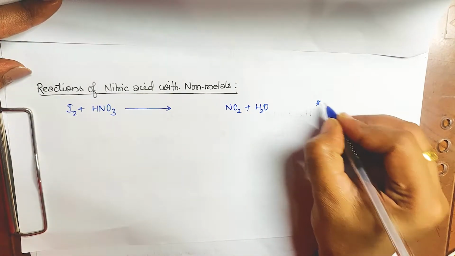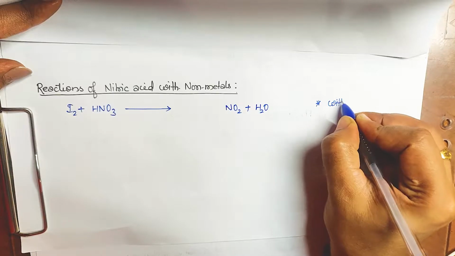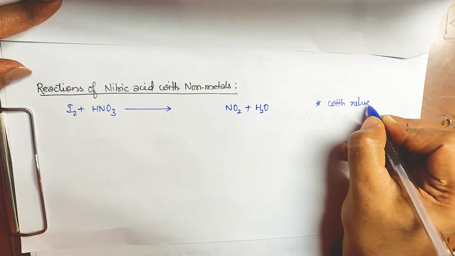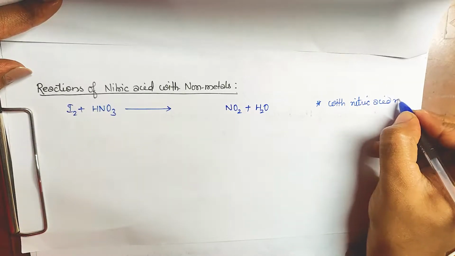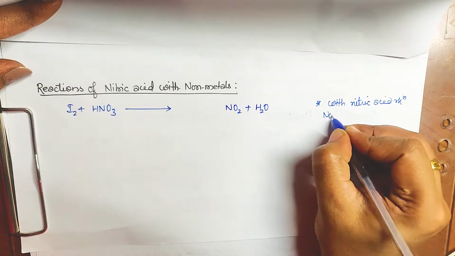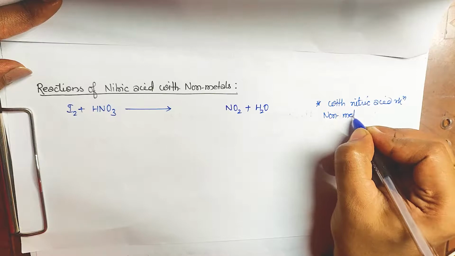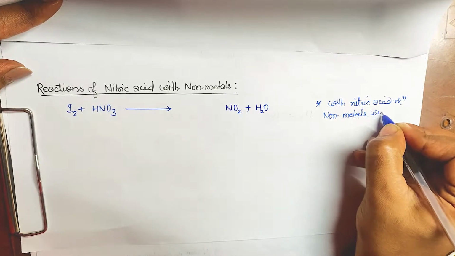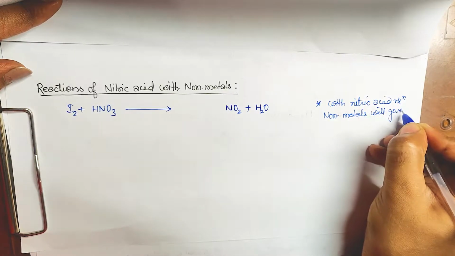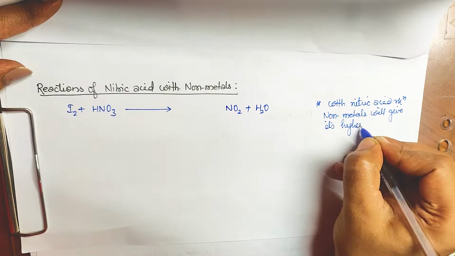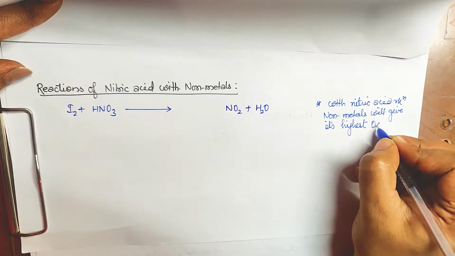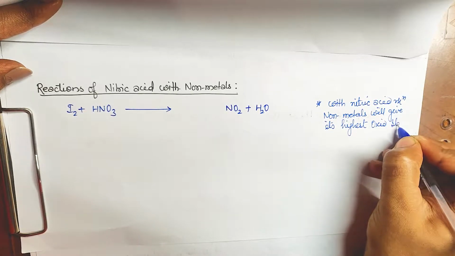So let me write here: in the reaction with nitric acid, non-metals will give their highest oxidation state. The first concept is the highest oxidation state.